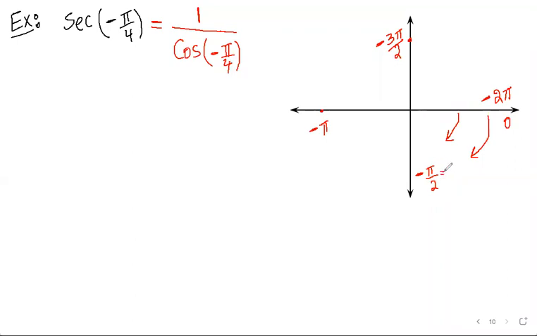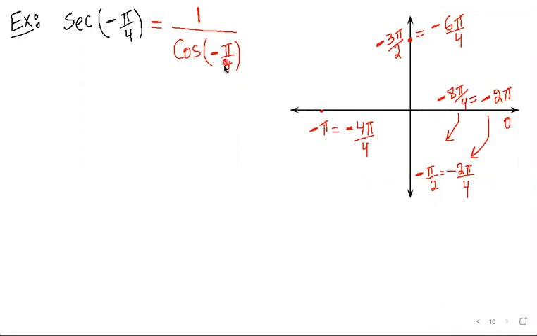So negative pi over 2 is negative 2 pi over 4, negative pi is negative 4 pi over 4, negative 3 pi over 2 is negative 6 pi over 4, and negative 2 pi is negative 8 pi over 4.